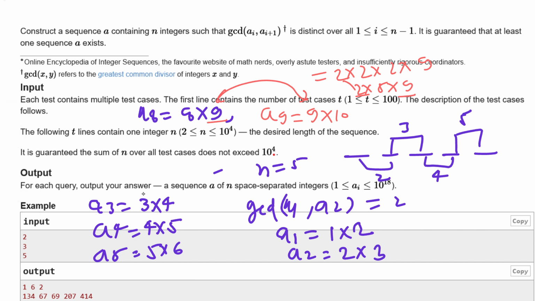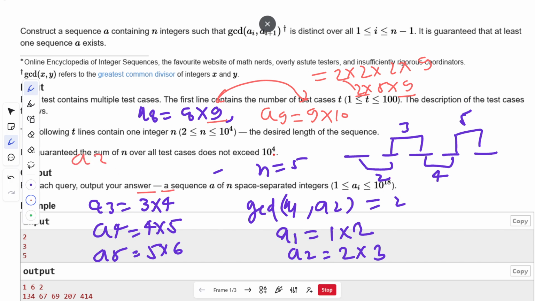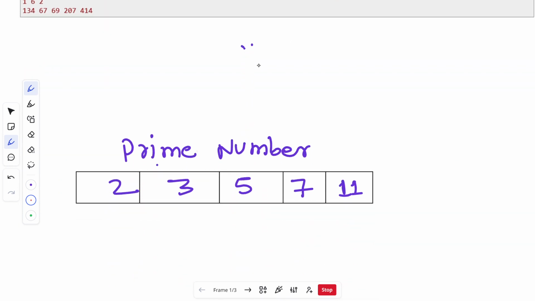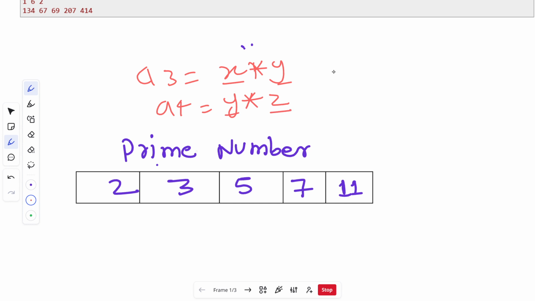Let me move to the next slide. If you represent A3 by two elements x and y, and A4 by y and z, and if x, y and z are all primes, then the GCD will always be the common element. Why?